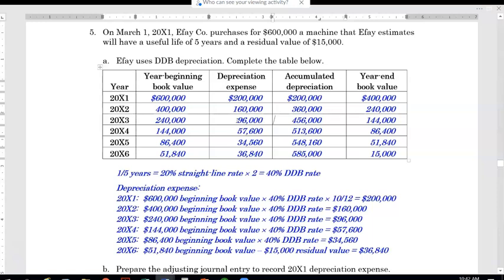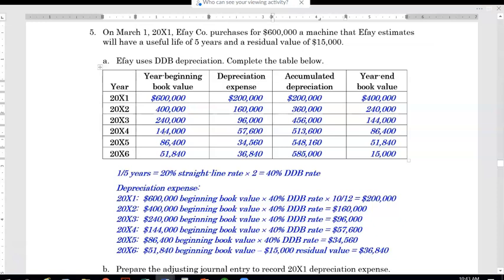That gives us $96,000 depreciation expense plus previous accumulated depreciation of 360 gives us a 456,000 balance. Accumulated depreciation less cost of 600,000 gives us a book value of 144 in our balance sheet.